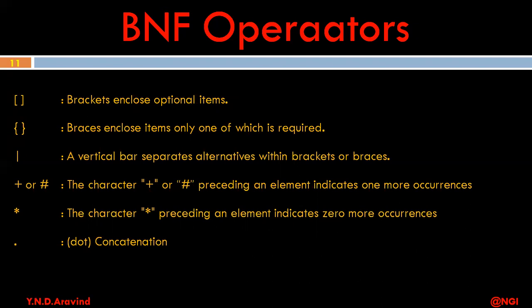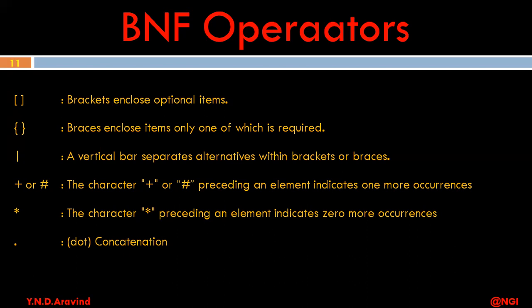Brackets enclosed, if you are enclosing items in brackets, means optional items. And braces, if you are enclosing items in braces, mean only one of each is required. And this vertical bar, which is not a backslash, separates the alternatives within the brackets or within the braces.